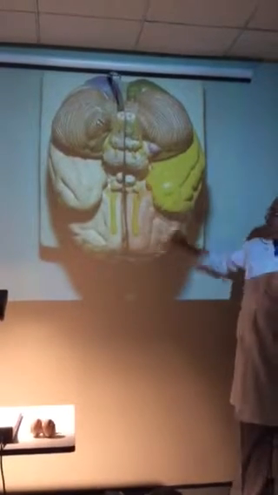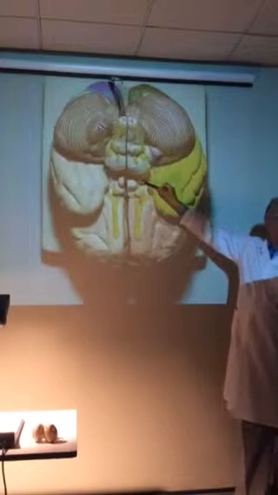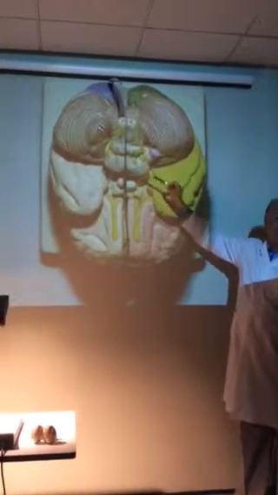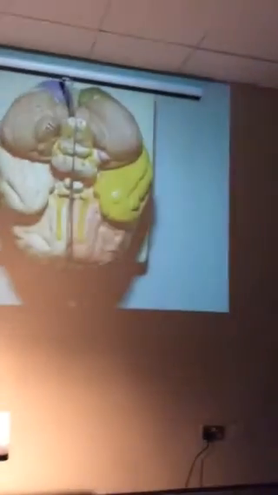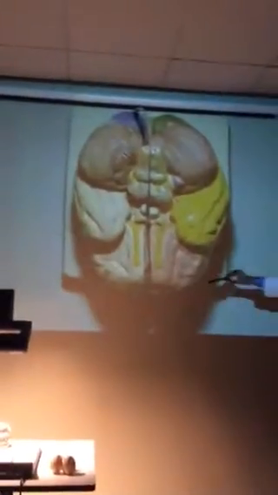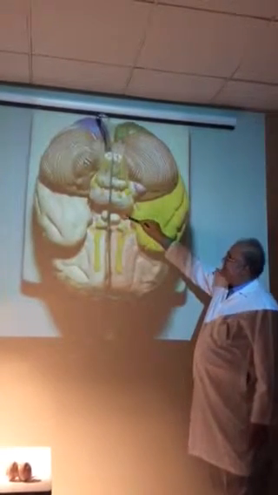This was first, second, so this will be the third cranial nerve, oculomotor, not trigeminal. Trigeminal is fifth. You are coming from front to back, so first, second, this will be the third cranial nerve.